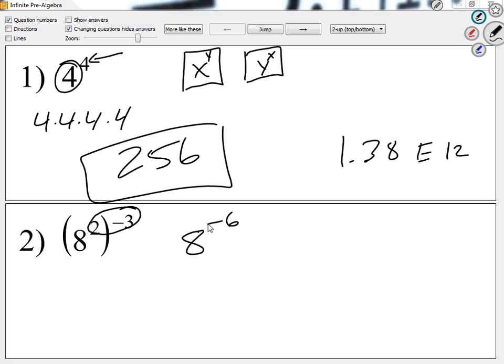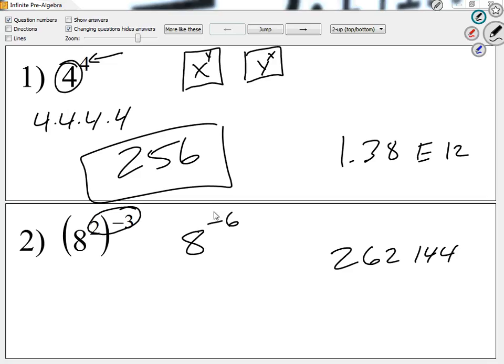I know 8 to the 6 is 262,144. That's what 8 to the 6 is.